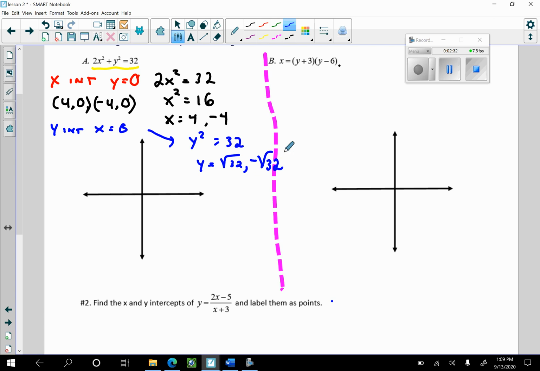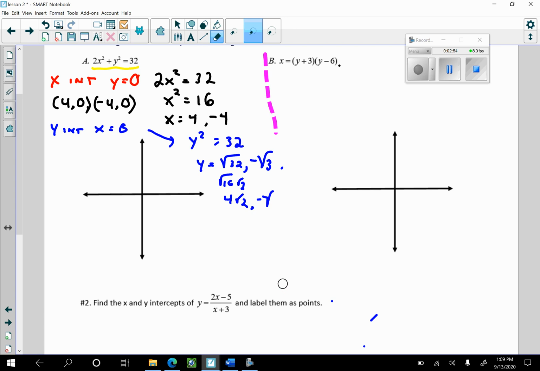Okay? All right, that's okay. And if I notice, those simplify, 32 is 16 times 2. So this is going to be the square root of 16 times the square root of 2, which is going to be 4 square root of 2. And this is going to be negative 4 square root of 2. And golly gee, I've just messed things up completely. And I apologize.